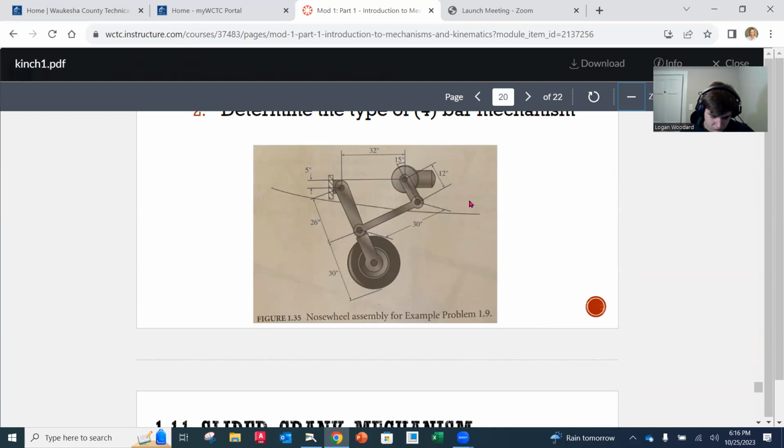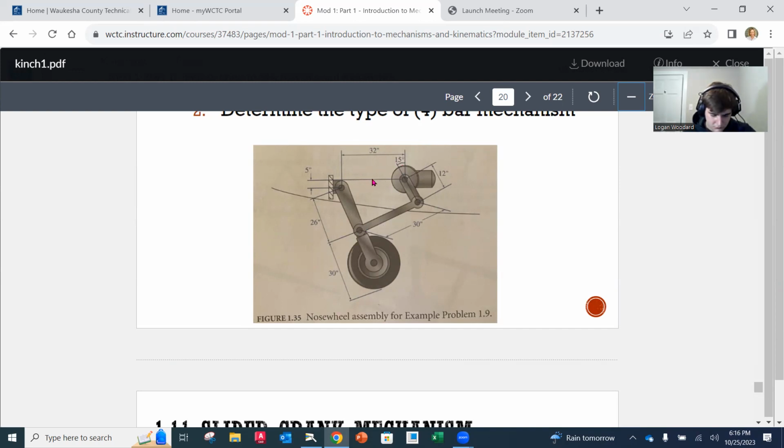I got crank rocker. Who thinks crank rocker? I got 2 people. Okay. Any other possibilities? It's a crank something. Sometimes it's not super obvious, right? I say it's a crank something because we've got a motor right here, which means it's going to push this around in a complete circle.